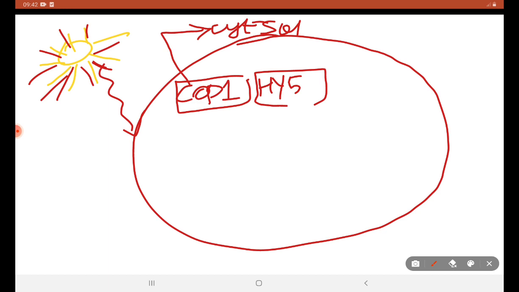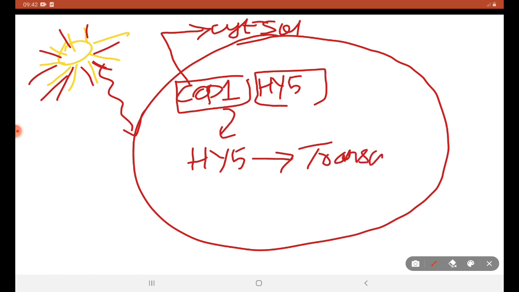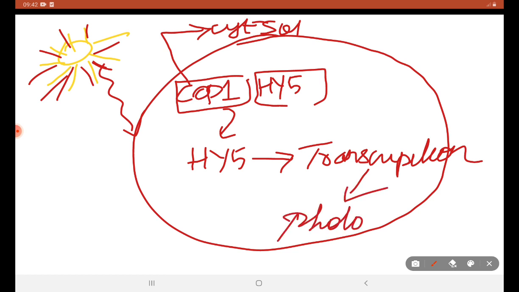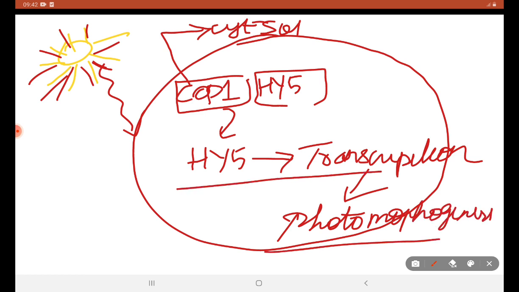So HY5 will be released from COP1. HY5 will undergo transcription and give rise to photomorphogenesis. This is the basic idea.